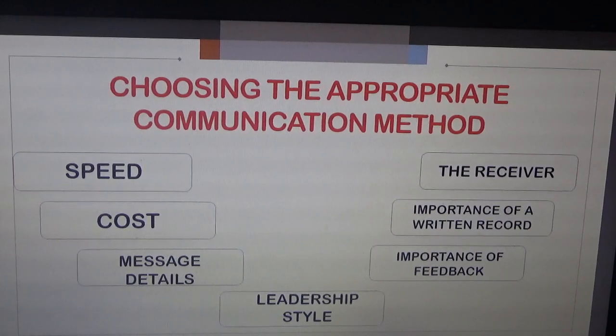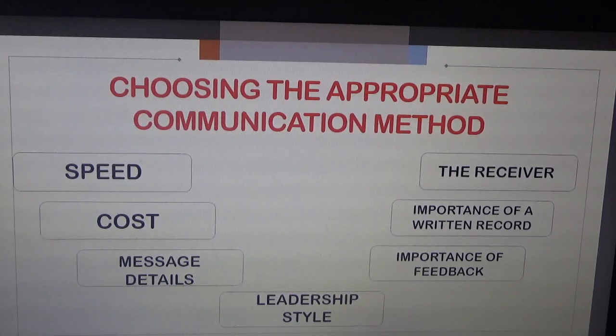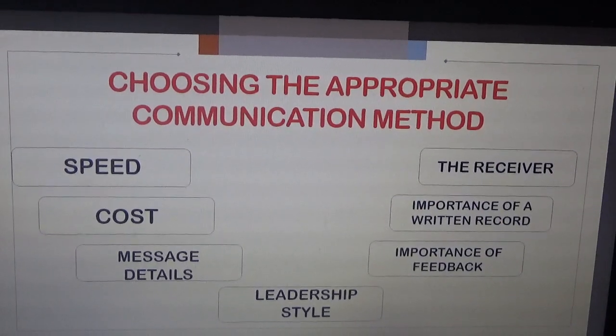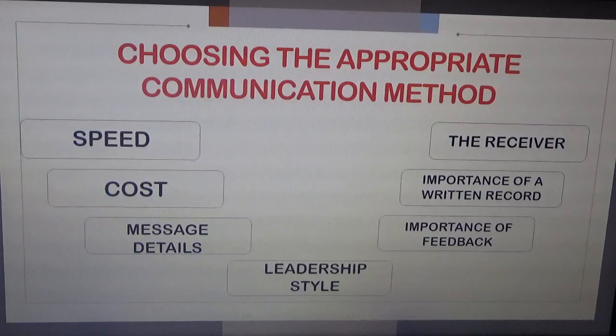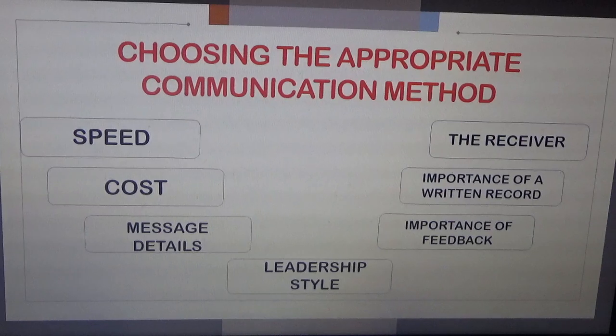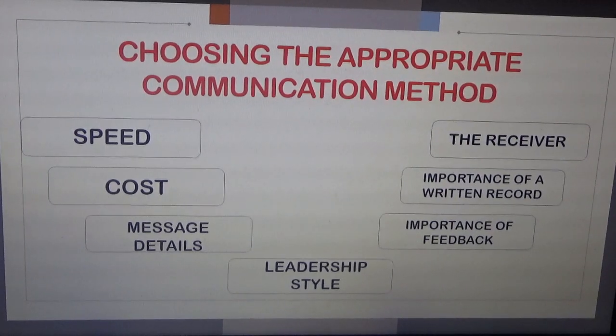Now, message details refer to how detailed the message is. If it contains technical plans, figures, and illustrations, then clearly written and visual forms of communication are likely to be essential or important.